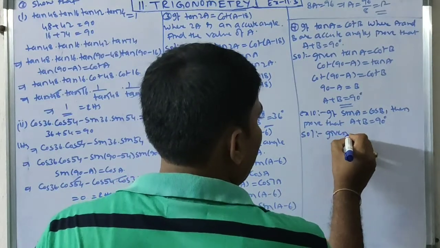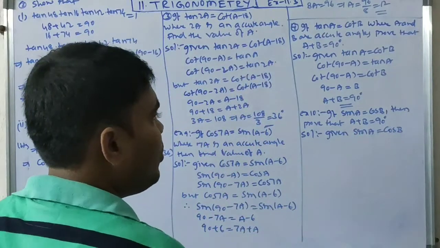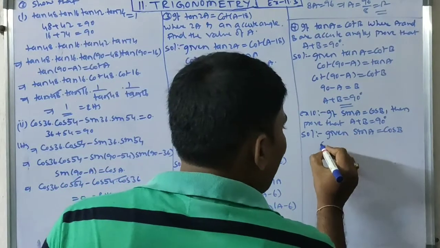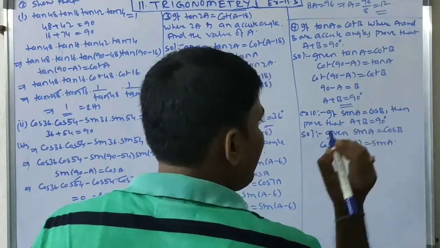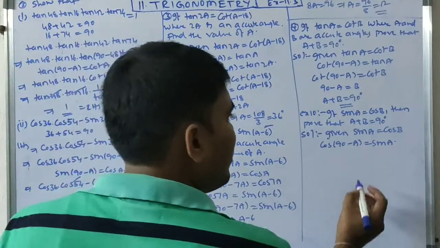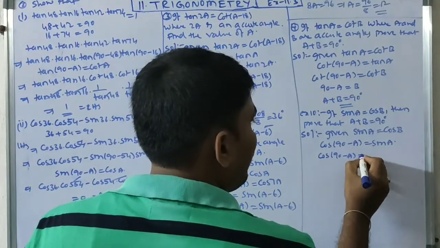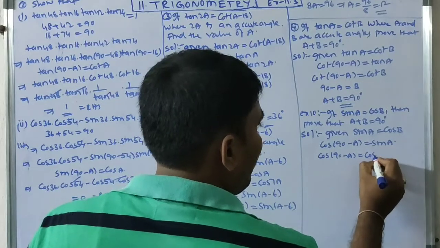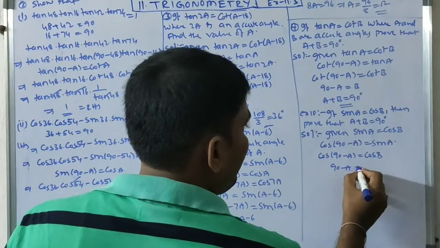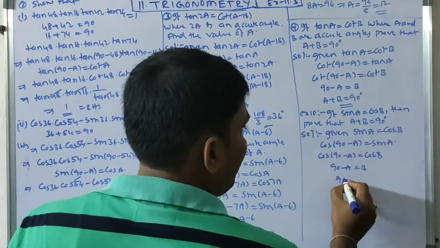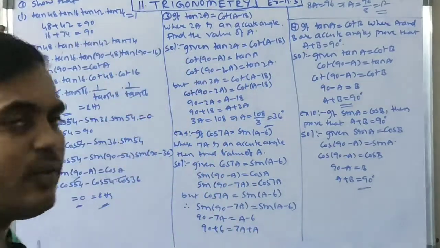Given sin A equals cos B. We know cos(90 minus A) equals sin A. So since sin A equals cos B, cos(90 minus A) equals cos B. Since A and B are acute, 90 minus A equals B. So A plus B equals 90 degrees. So this is the required solution.